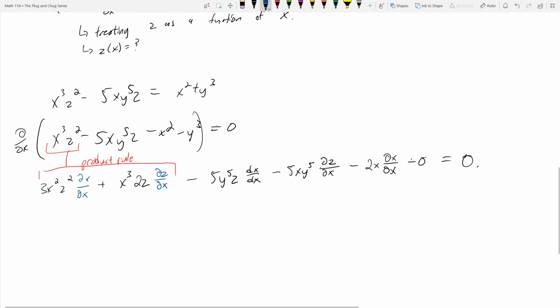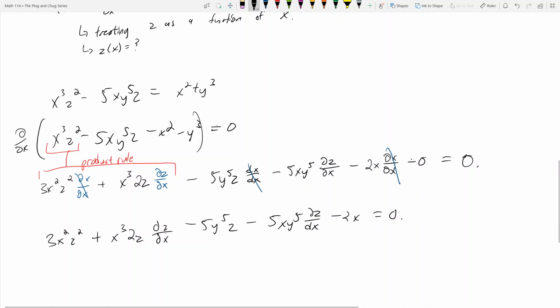So again, dx/dx, that's just 1. So I got 3x squared z squared, all right, plus x cubed 2z dz/dx, whoops, it's dz/dx, a crucial mistake there, can't mess that up, all right, minus 5y to the fifth z, minus 5xy to the fifth dz/dx, and then minus 2x is equal to 0.